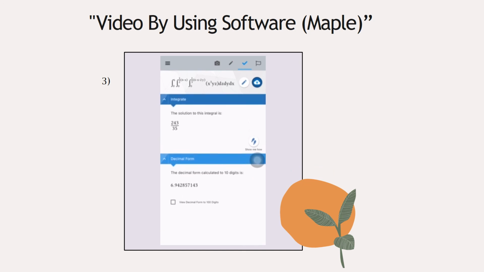For the overall calculation, between manual and by using software, the answers that we got are the same, and there is no problem or issue in finding the answer by using manual or software. Thank you.